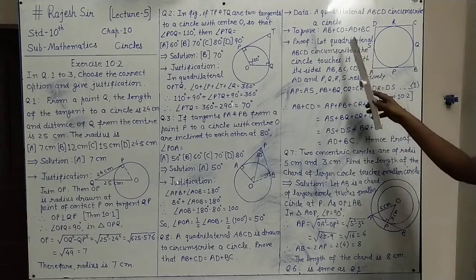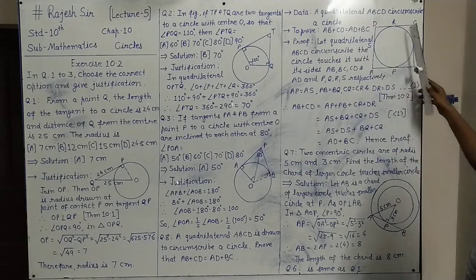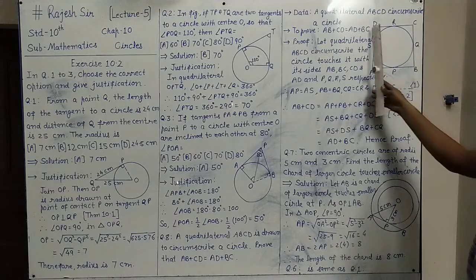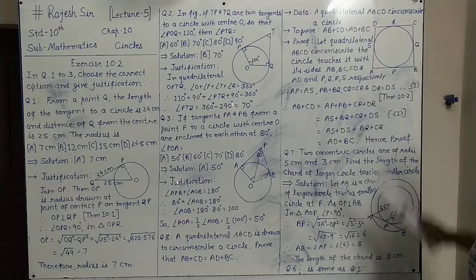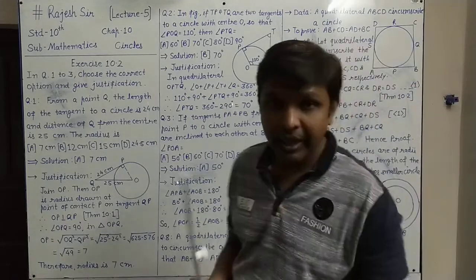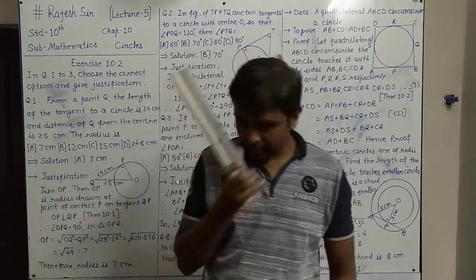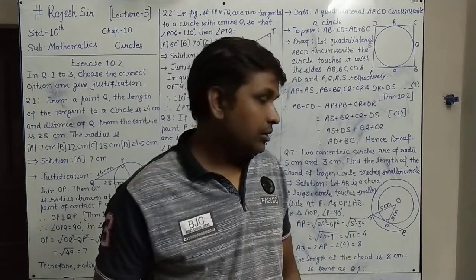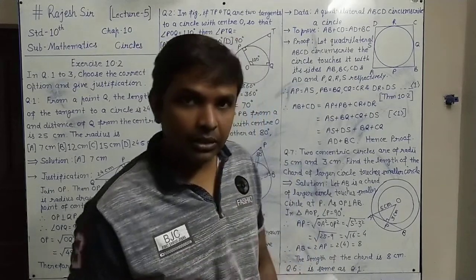Here we want to prove that AB plus CD, the sum of opposite sides, equals the sum of the other two opposite sides, AD plus BC. If a quadrilateral is circumscribed to a circle, then the sums of the opposite sides of the quadrilateral are equal.